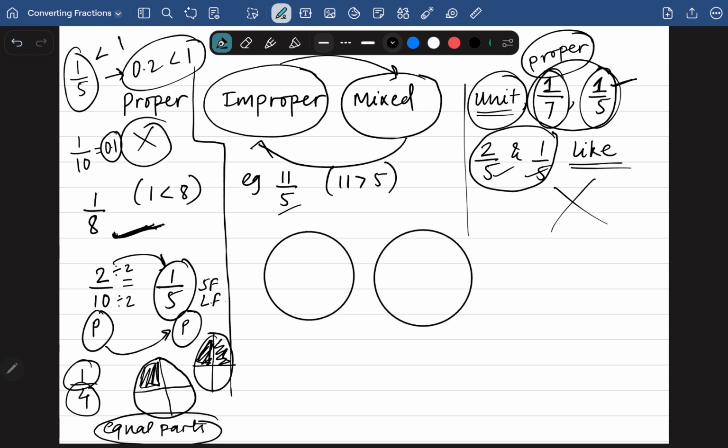Let's say I have been told that the pizza was cut into 5 equal parts. How can I draw 5 equal parts in one pizza? Let's say I can do it like this.